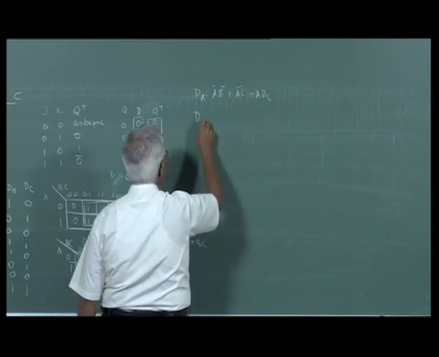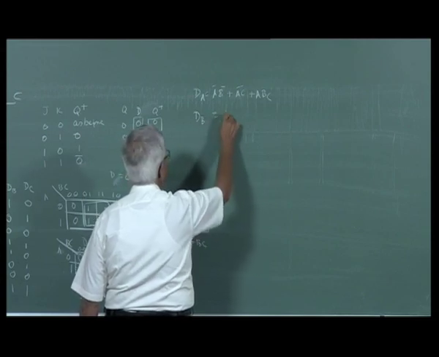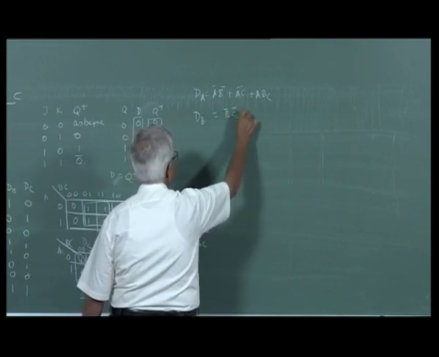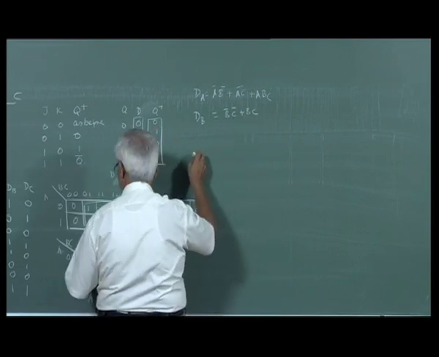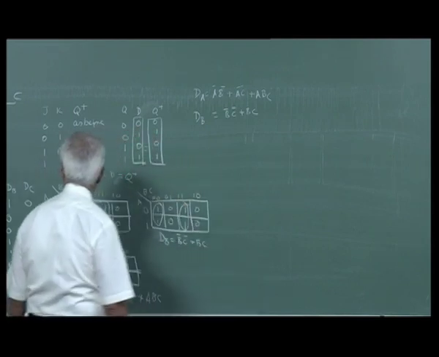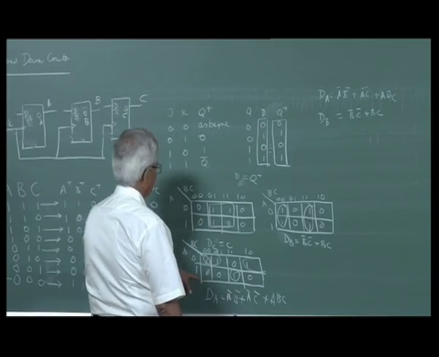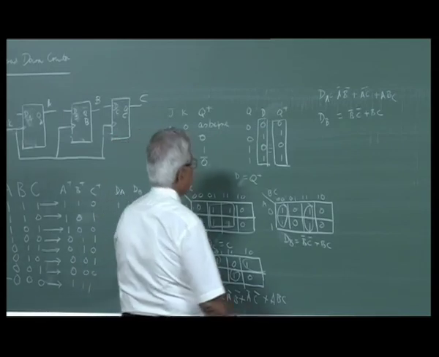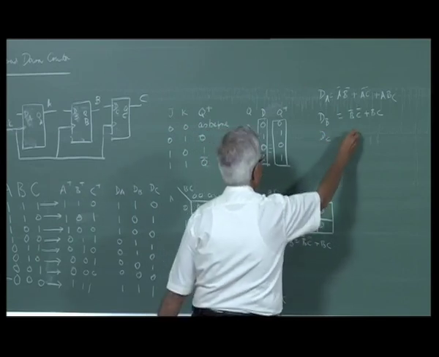DB would be B bar C bar plus BC. DC would be C. So now I have C.